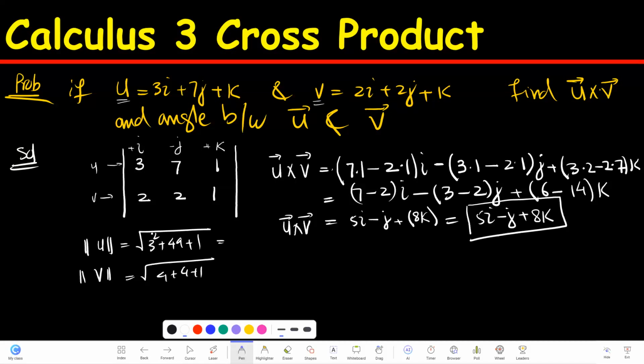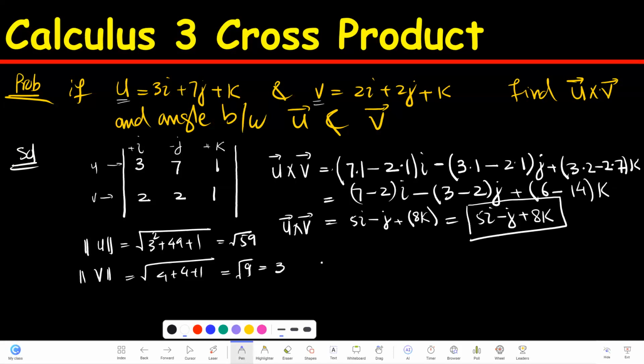So what are the values we're going to be solving? It's going to be 9 plus 49, 58, and 59, right? This one will be 4 plus 4, 9, and also right.